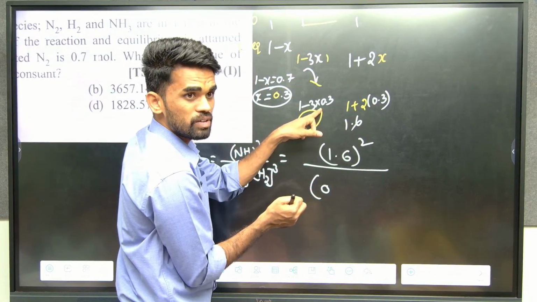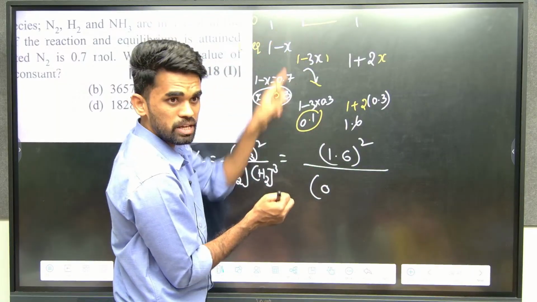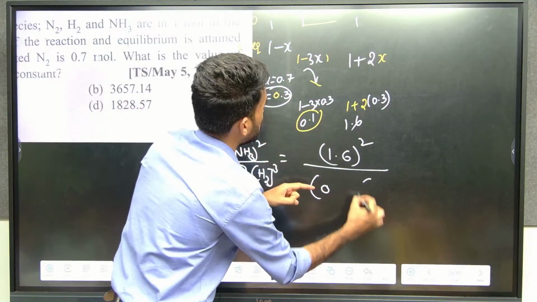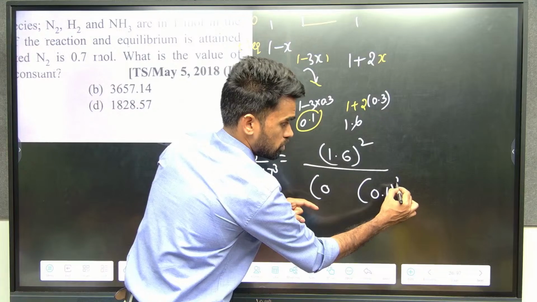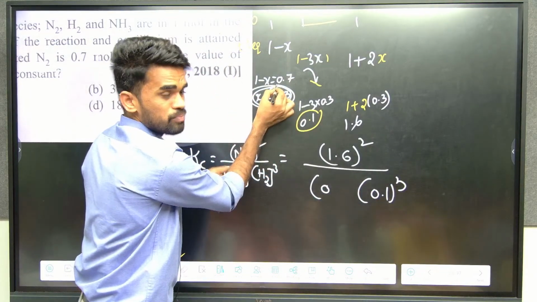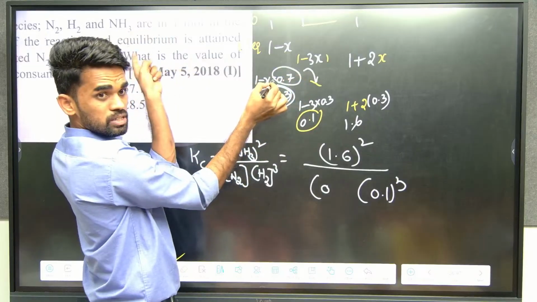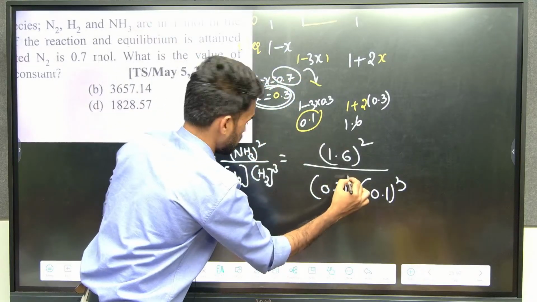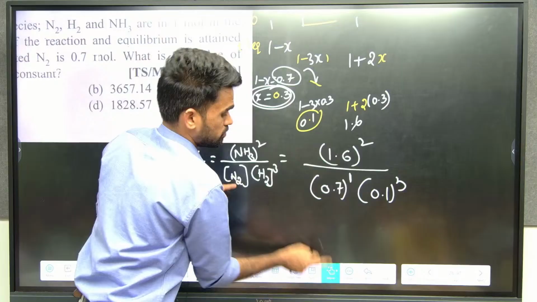Why 0.1 we are taking? That is the amount of H2 remaining now. So here if you are taking 0.1 whole cube, what is the value remaining after reaction? 0.7 to the power 1.